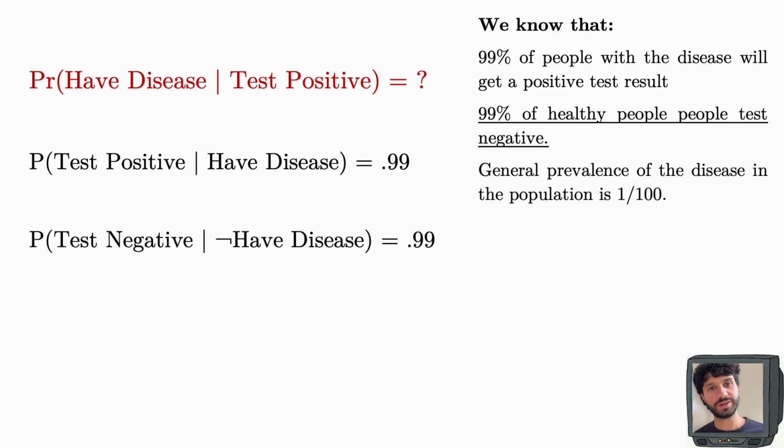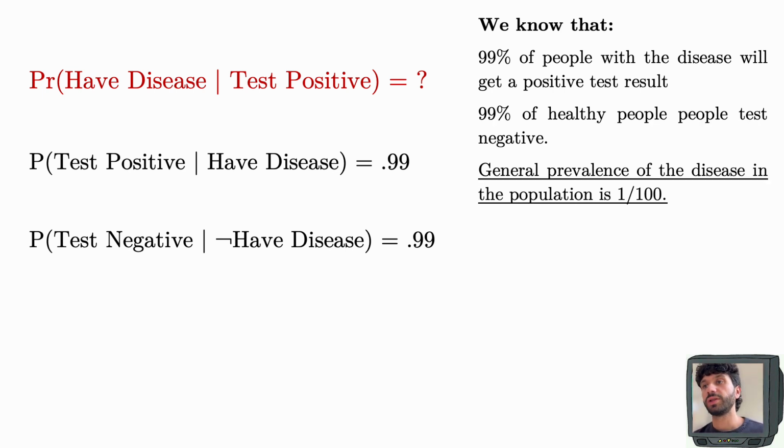And testing negative here just means not testing positive. So it's important to be very careful when you read the prompts to put these probabilities correctly, right? So let's read it again. 99% of healthy people test negative. Okay, that means people that are healthy, which don't have the disease, if they take the test, then the probability that they test negative is going to be 0.99.